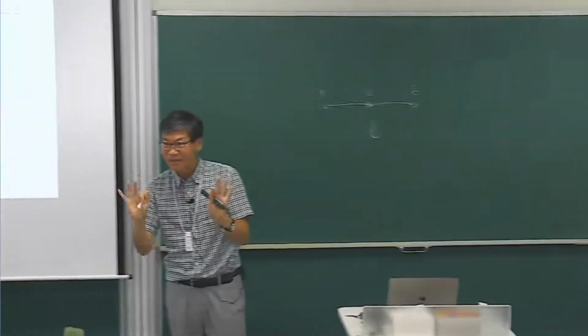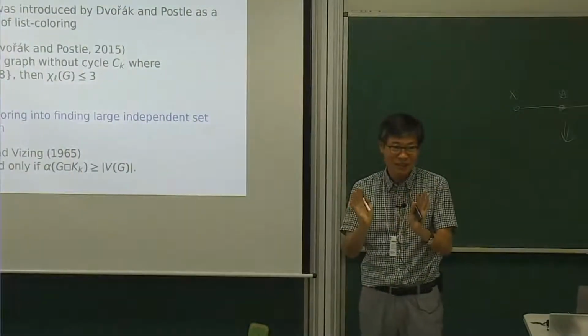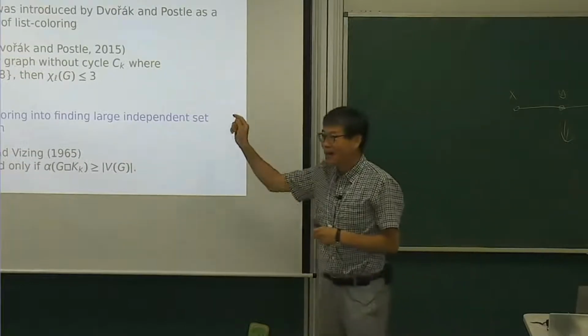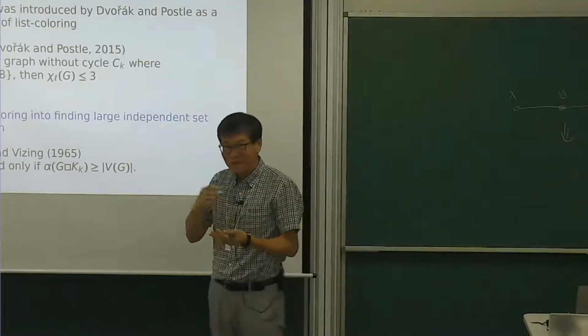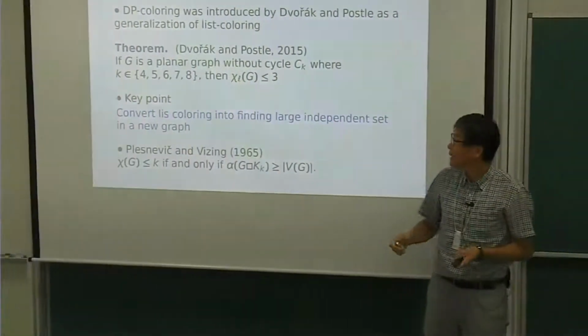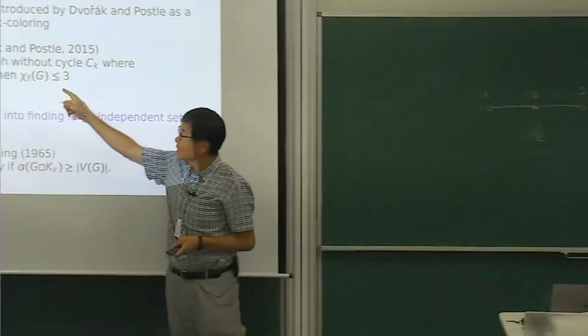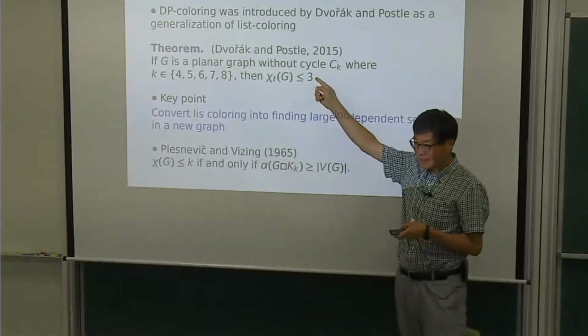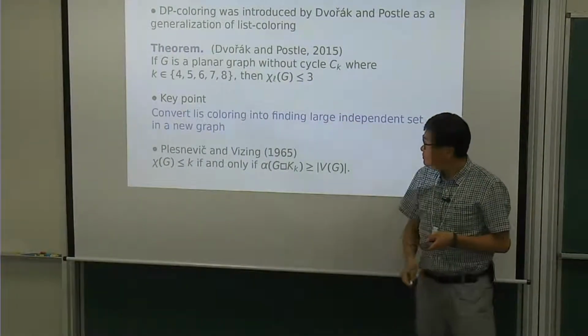If the lists are different, such an operation is not good. But in DP coloring, sometimes we are able to identify two vertices. That's why they introduced DP coloring, to overcome such difficulty.